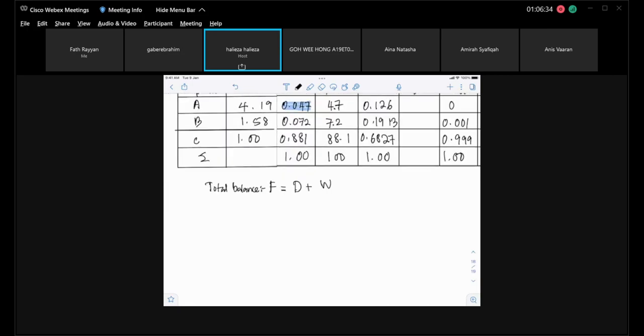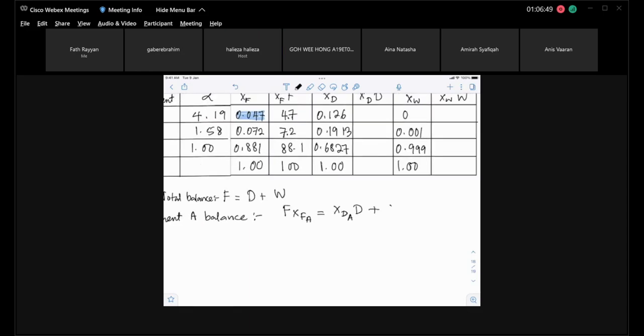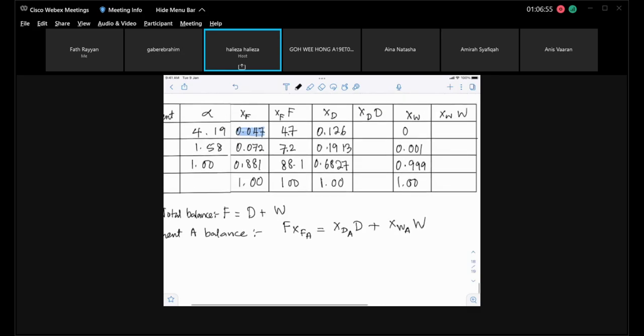For component A, do the component A balance: XFA F equals XDA D plus XWA W.